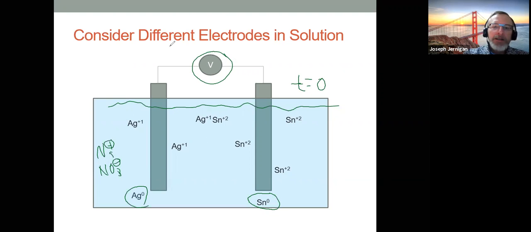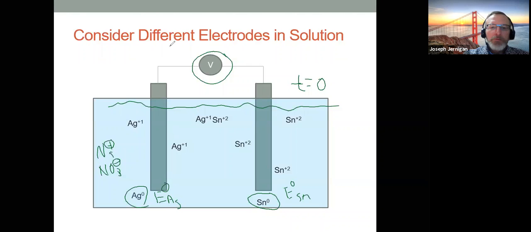We started out having something that has associated with it a thermodynamic voltage, and I'm just going to call this E0 Ag. And now we've done two things. We've added a tin electrode, which has associated with it an E0, let's call it Sn.